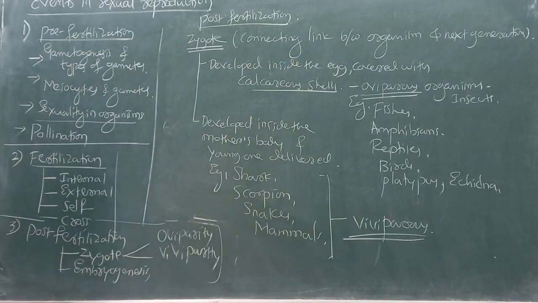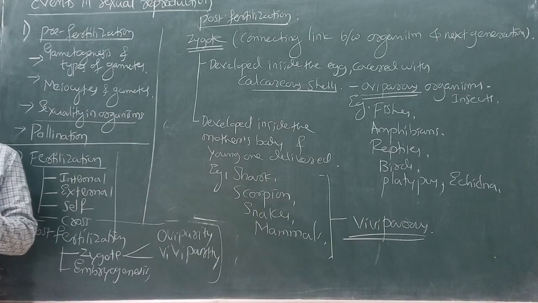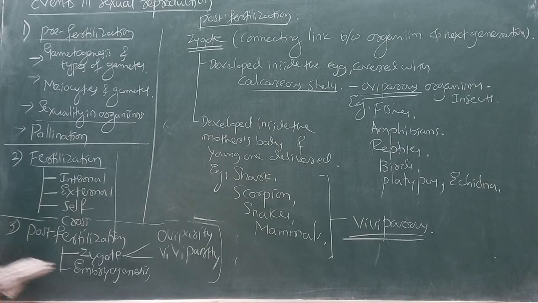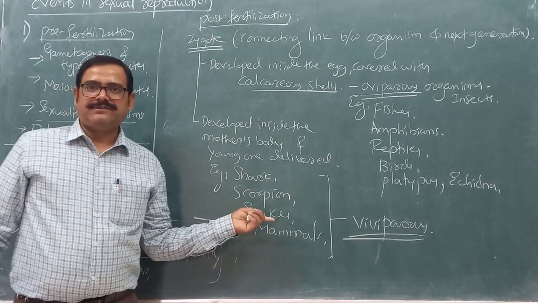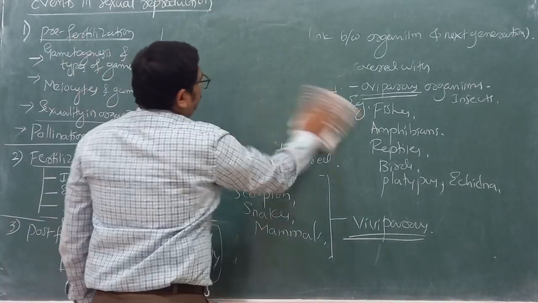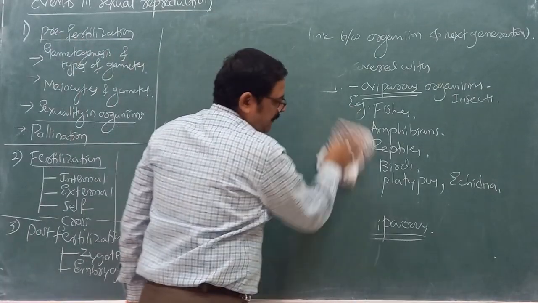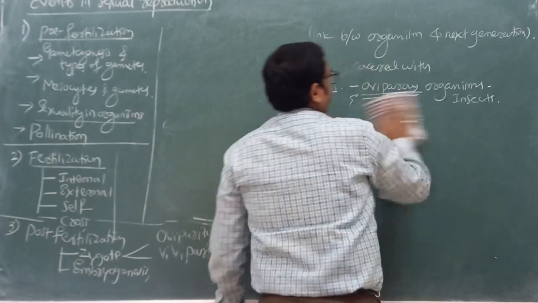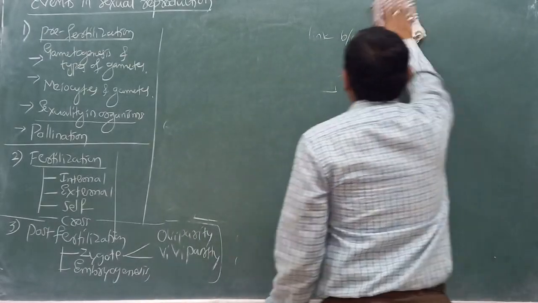Now we need to understand one more important thing as such. The development of the young one by the gamete but not by fertilization. So I hope you have noted down this. Let me just erase this. Development of the young one with the gamete only but not by fertilization.